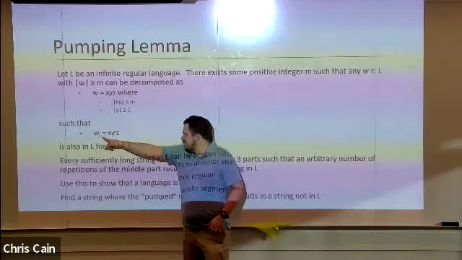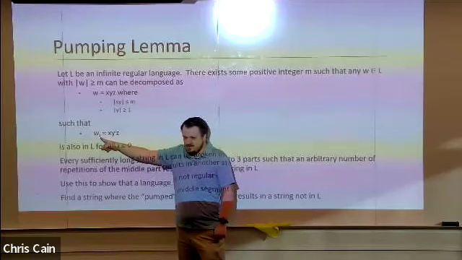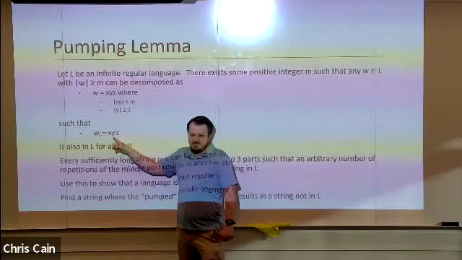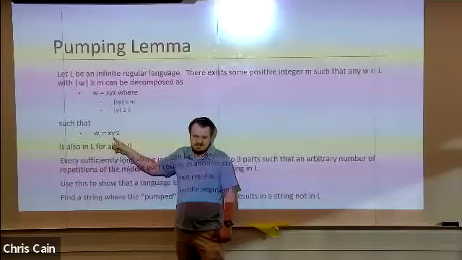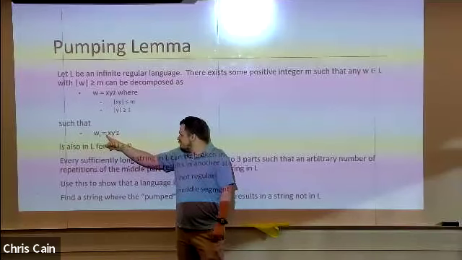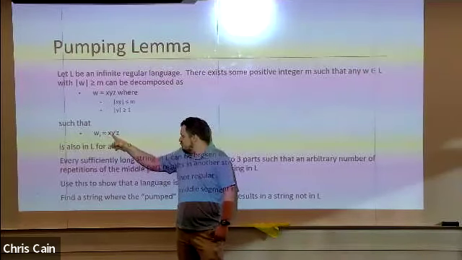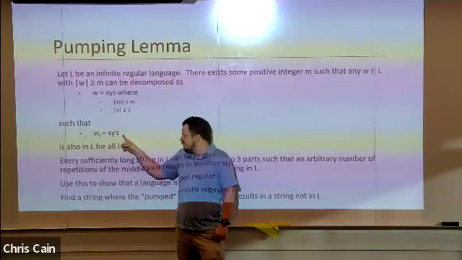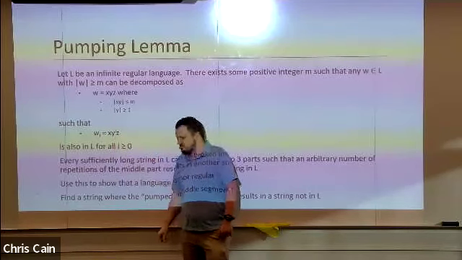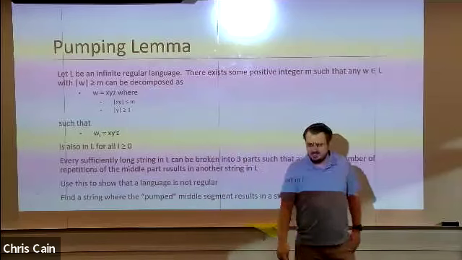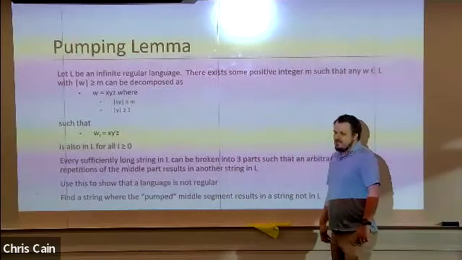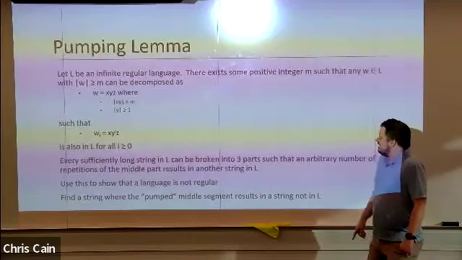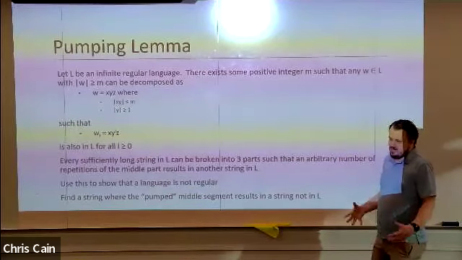So we could then make an arbitrary set of all such W where this pumping happens an arbitrary number of times. So XZ is a string in the language, XYZ is a string in the language, XYYZ is a string in the language, etc. And every string that is in the language has to be able to be broken down as such.